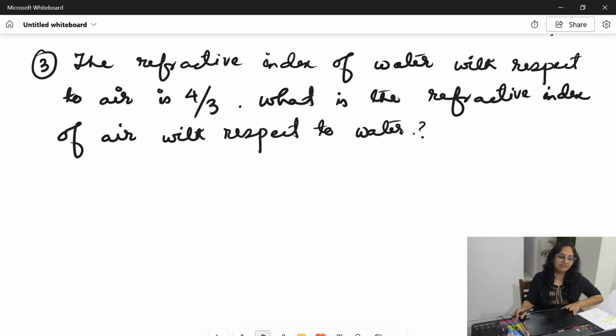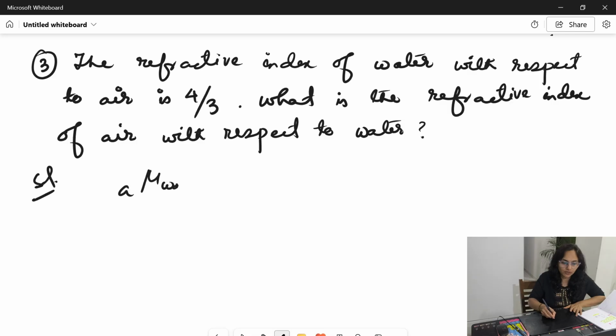Okay, so have a look at this question. It says the refractive index of water with respect to air is given. So we write like this: air mu water is given to us as 4 upon 3. They are asking what is the refractive index of air with respect to water.